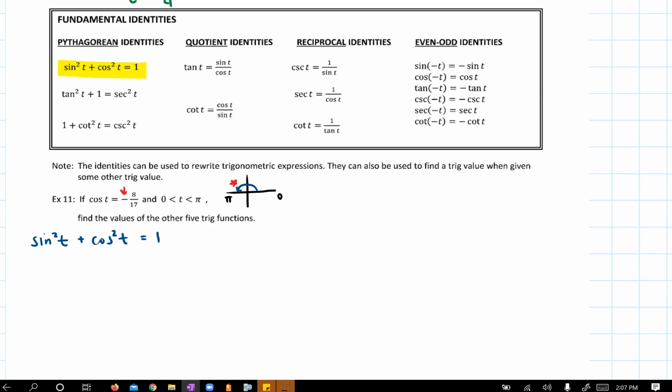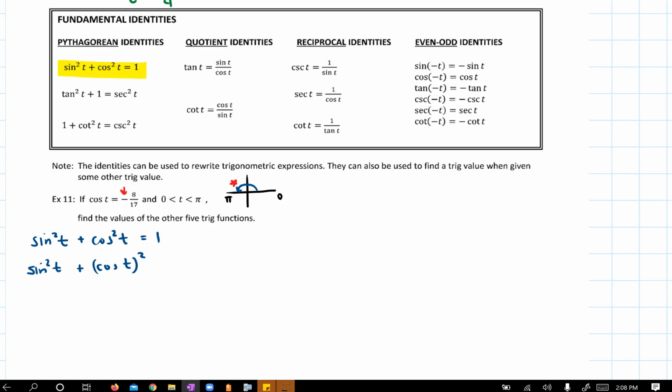And we can replace cosine t into this identity. Cosine squared of t is the same thing as cosine t, squared. Sometimes it's easier to write with notation, but this helps us with plugging in what cosine t should be.